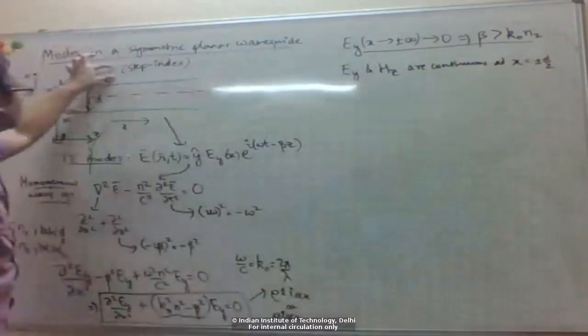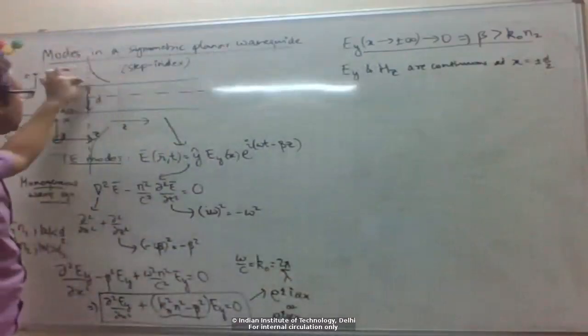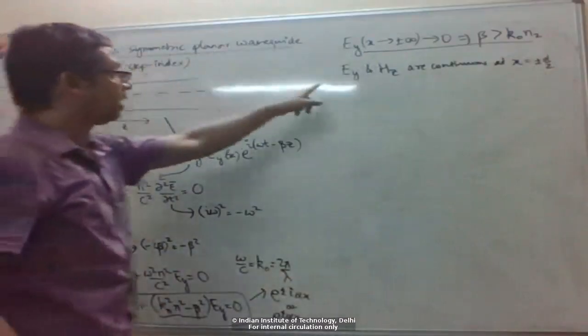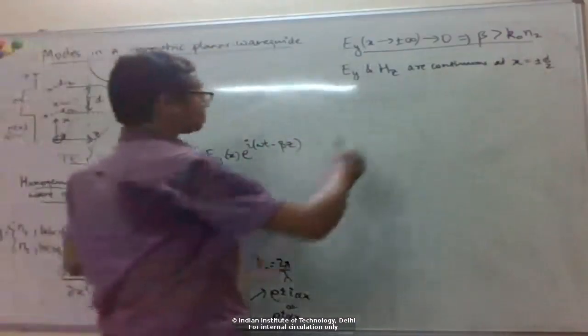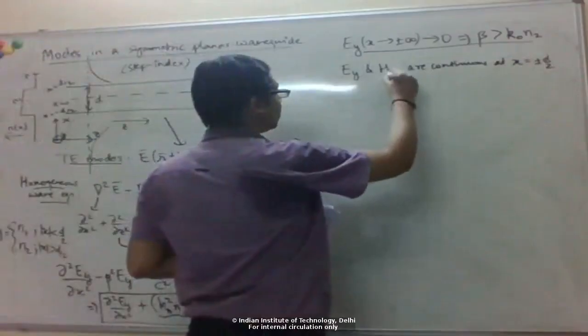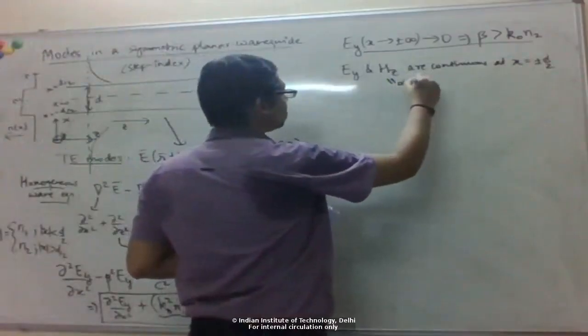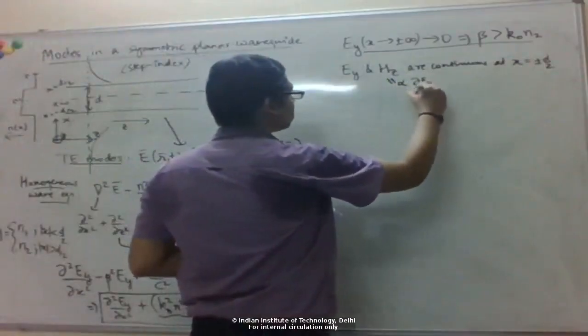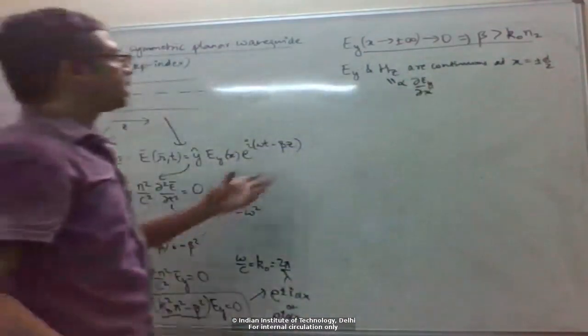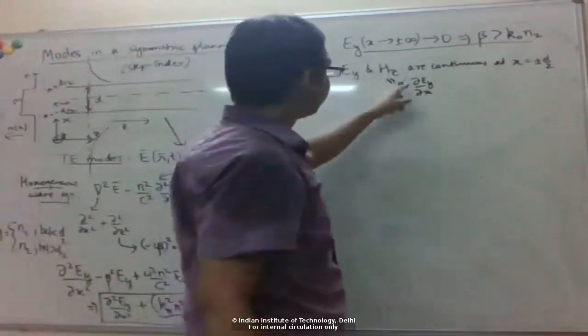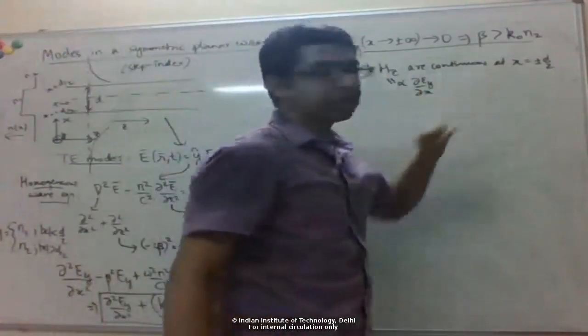Right? So the solutions of cladding and the core have to match at x equal to d by 2 for Ey and Hz. And we just erased it, but for TE modes, we saw that Hz is proportional to the derivative of Ey. So this condition is equivalent to saying Ey and the derivative of Ey with respect to x have to be continuous.